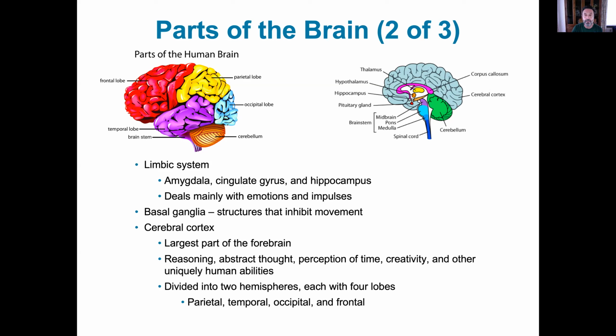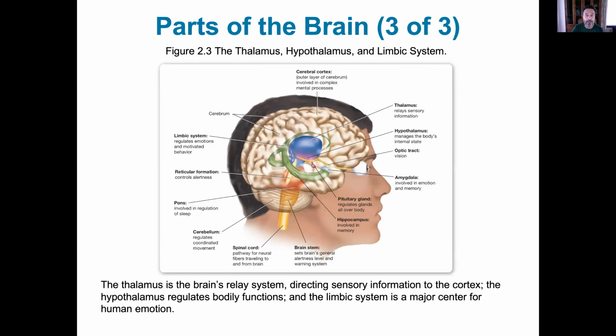So when the limbic system in the center of the brain says you need to be angry because this person is trying to hurt you, the frontal lobes will be able to decide what's the best way to deal with this situation. Should we calm down, or should we, yes, this is a dangerous situation, let's do something to take care of it.